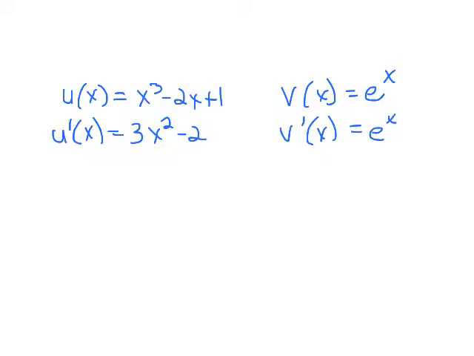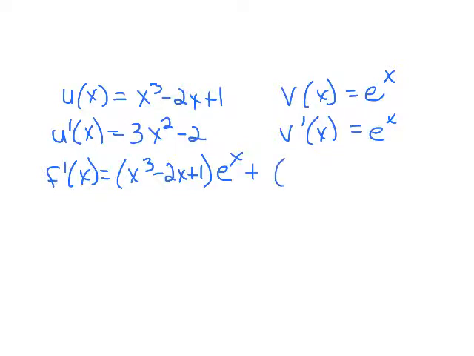So f prime of x is going to be x cubed minus 2x plus 1, there's u of x, times the derivative, e to the x, plus 3x squared minus 2 times e to the x again. You could distribute and combine like terms.